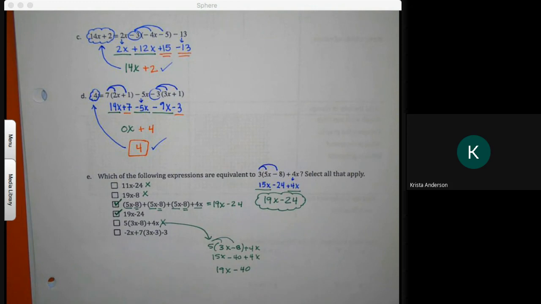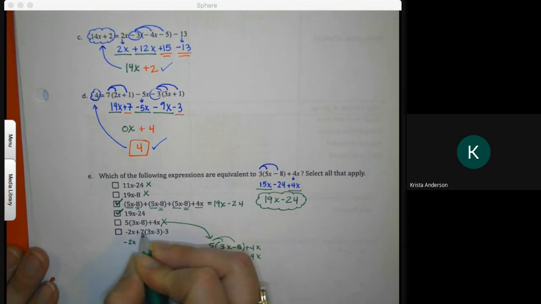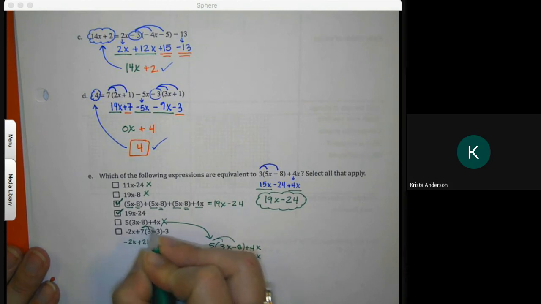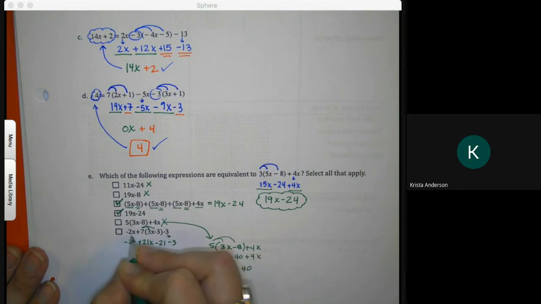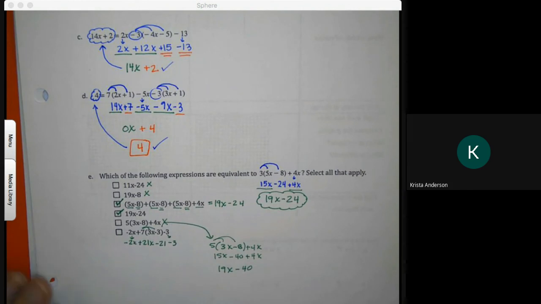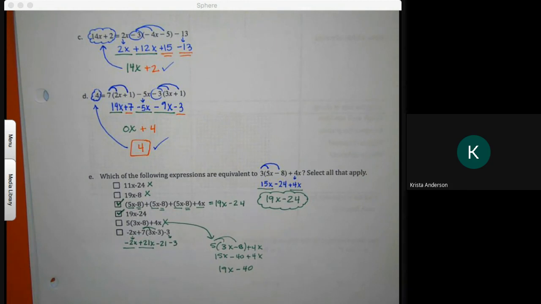Last one I'm going to check. Negative 2x just drops down. 7 times 3 is 21x. 7 times negative 3 is negative 21. And the minus 3 also just drops down. Negative 2x plus 21x. It's 21 minus 2. 19x.